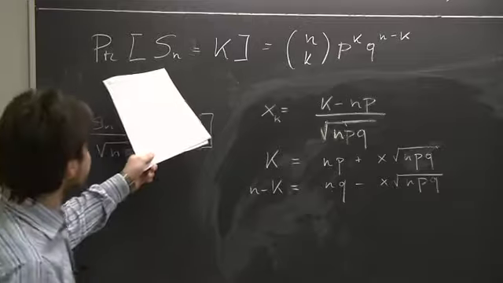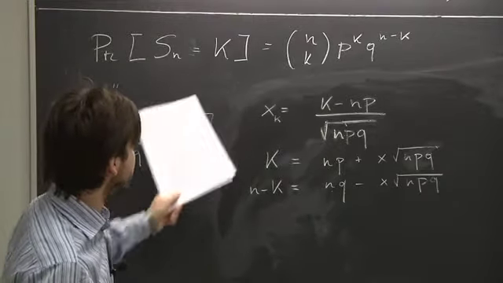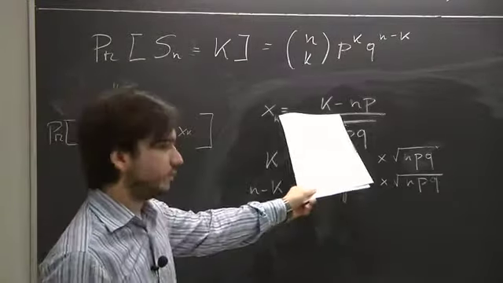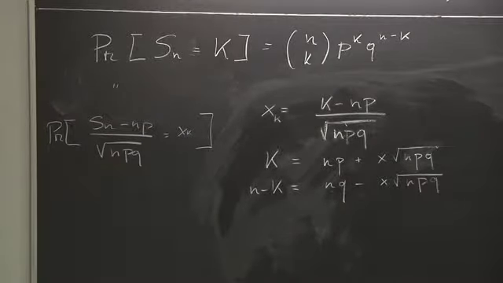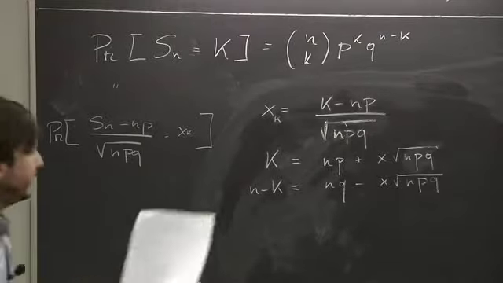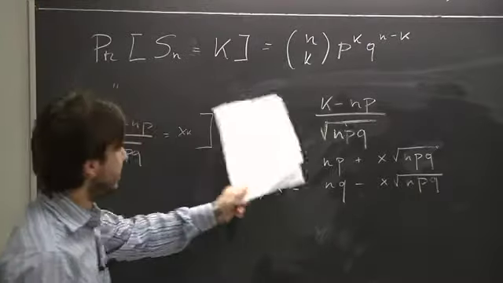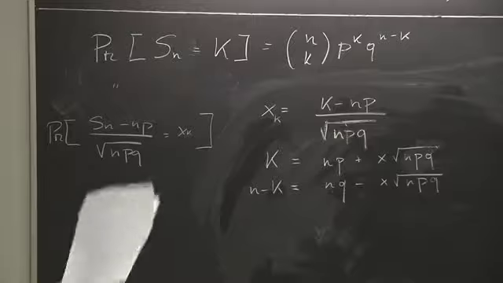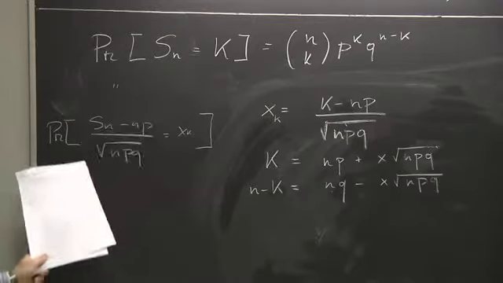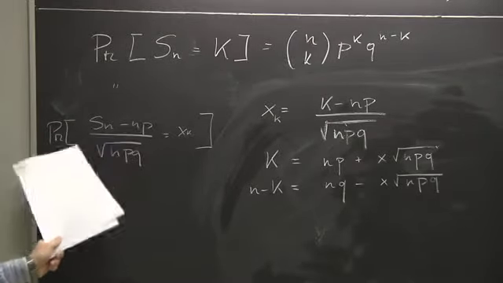Because we're asking the probability that Sn is equal to k, so just look at this formula. The probability must be the same, right? Just replace k with Sn if you want, and then get the result.